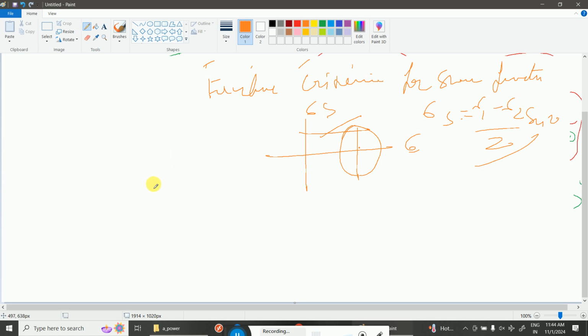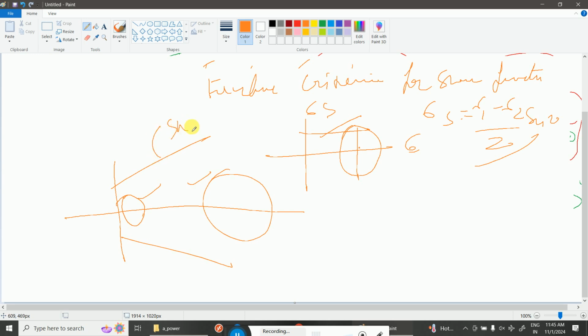Then come to how shear fracture will develop. When its radius is changed, what will happen? From here to here the Mohr circle will shift, and this is the tangent line, the shear fracture envelope, with sigma n and sigma s axes.